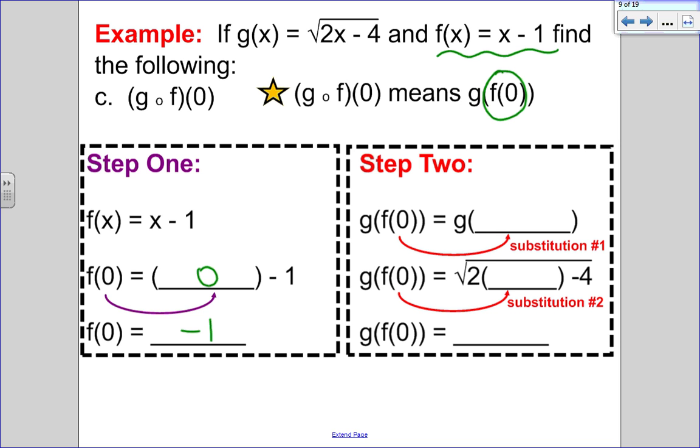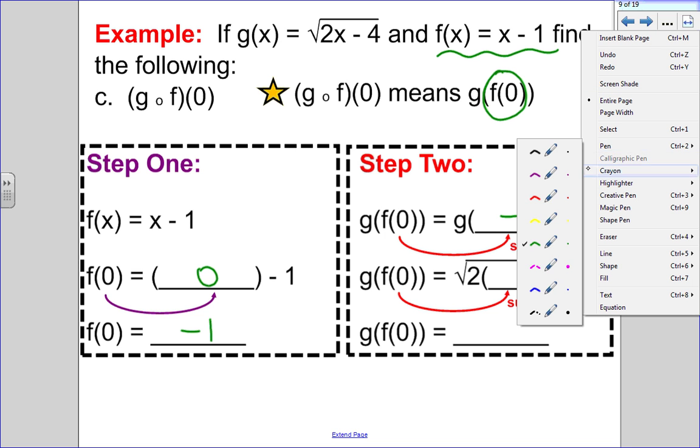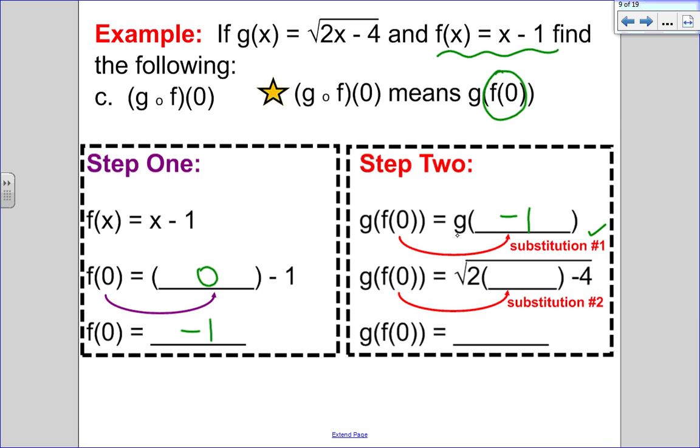So now I'm ready to go. g of f of 0, we just found out, was -1. So that is substitution number 1. Now we're doing g of -1. My second substitution tells me I'm going to function g, which is right here. Instead of using an x value, I'm going to use f of 0, which I found out was -1.